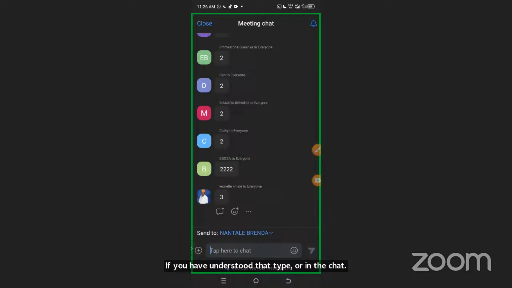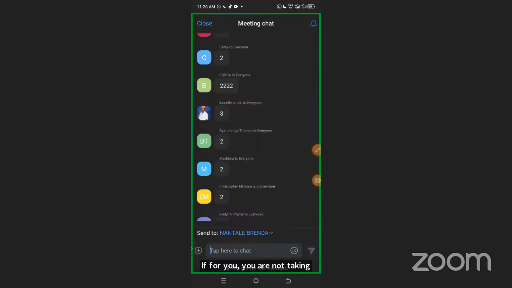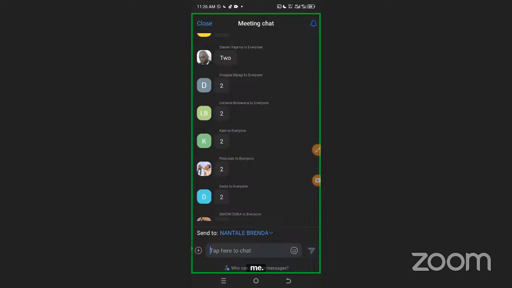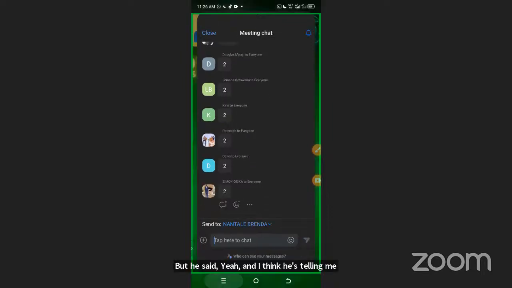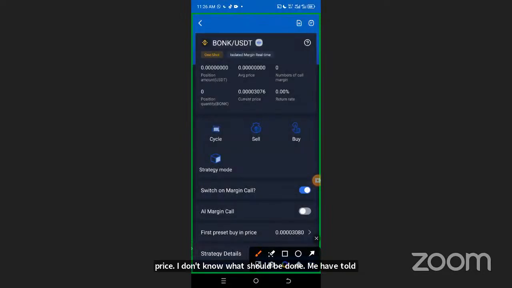If you say, I'm getting confused, I don't know, someone is telling me preset, another signal is telling me current price, I don't know what should be done: I've told you, if the signal is of current price and you feel that you cannot understand the first procedure I've given you, this is the current price here.